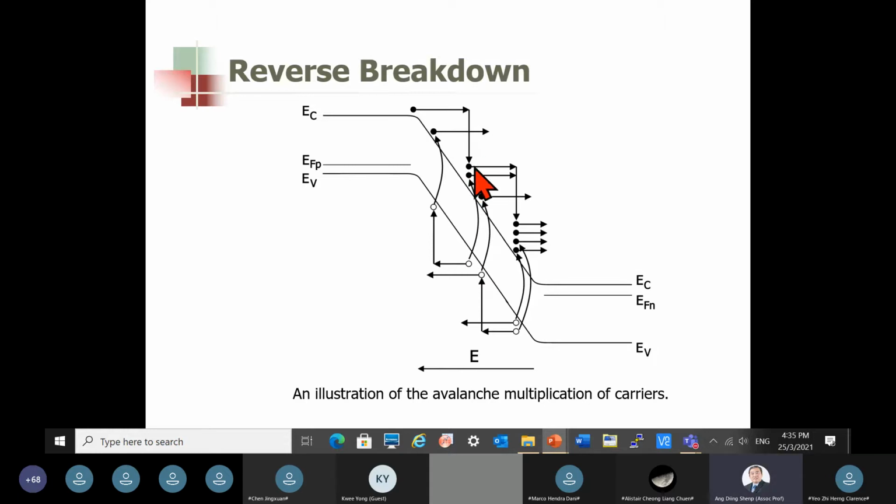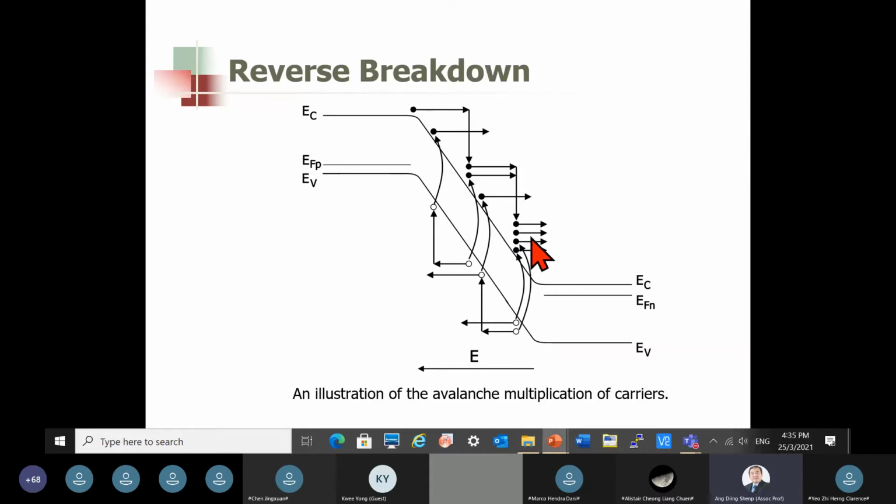Now, at this point, after impact ionization, you have 2 electrons and 1 hole. So there are 3 charge carriers now compared to the only one at the beginning. So the 2 electrons here can in turn get accelerated to very high energy by the high electric field, right? And they can also create impact ionization. So at this point, impact ionization happens, right? So the two electrons impart their excess energy to two valence band electrons, promoting them to the conduction band.